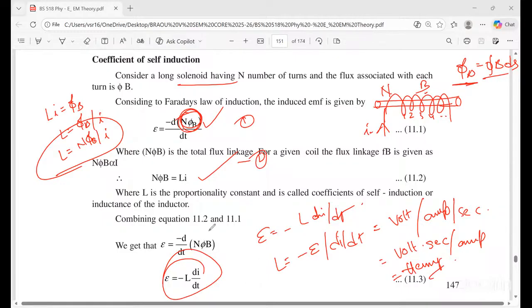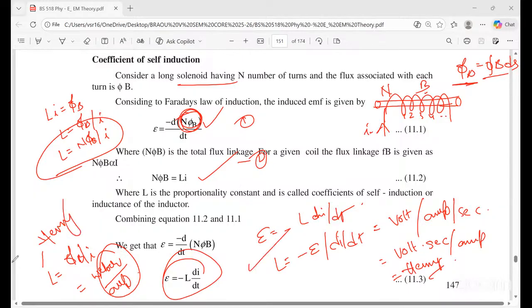Here also, L equals phi B by I, or N phi B by I. Phi B is magnetic flux in Weber, so Weber per ampere is also nothing but a Henry. Like this.